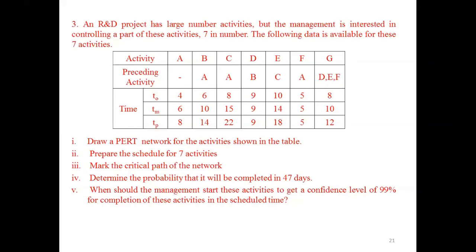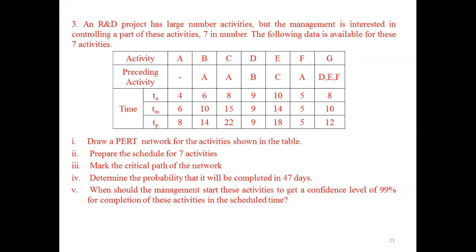You have to determine the probability that the project will be completed in 47 days. When should the management start this activity to get a confidence level of 99% for completion in the scheduled time?